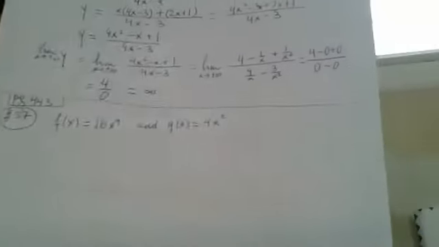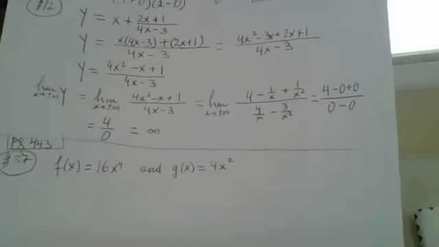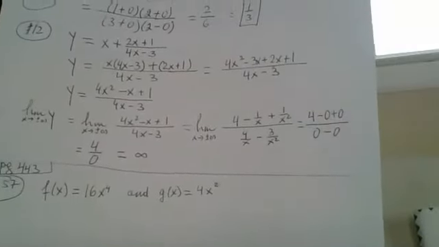So, and what should we do here? So we have two functions. One is f at x, and second is g at x, which is 4x squared. So two power functions. And we have here two separate parts, part A and part B. What do we have in part A?